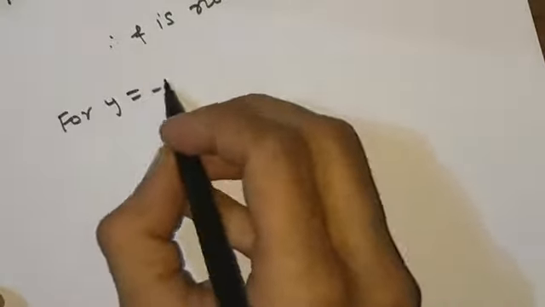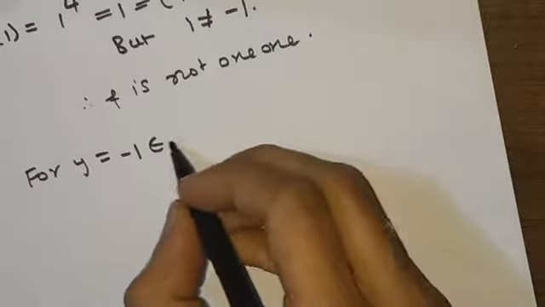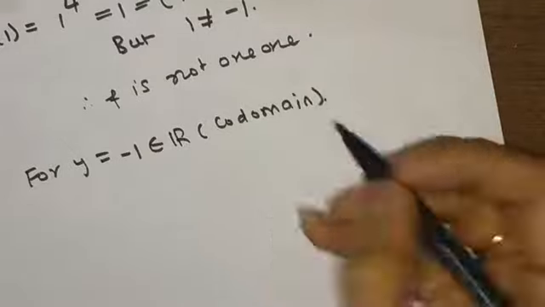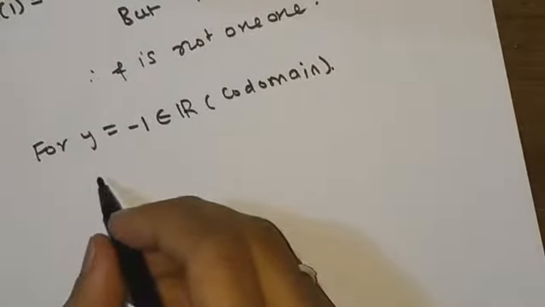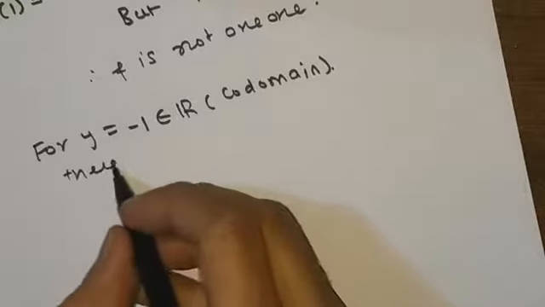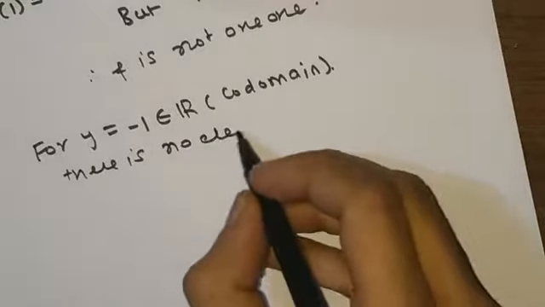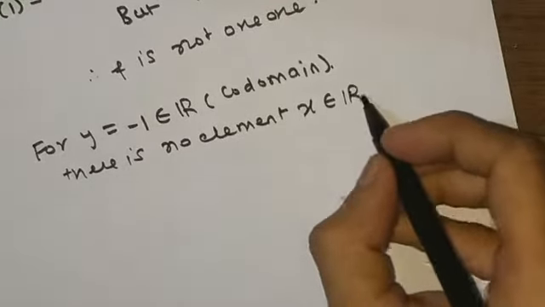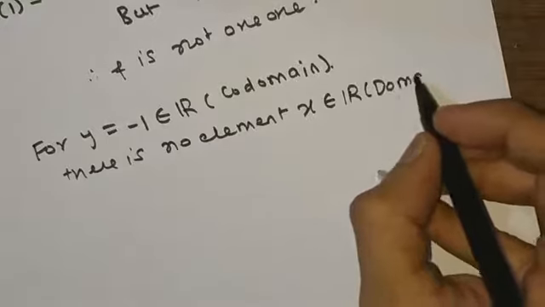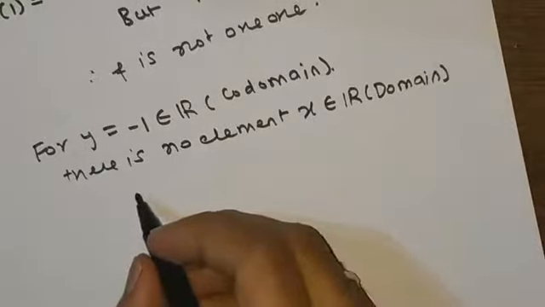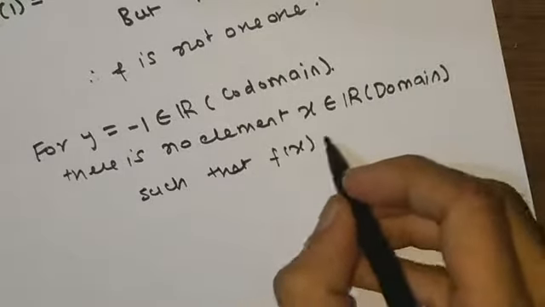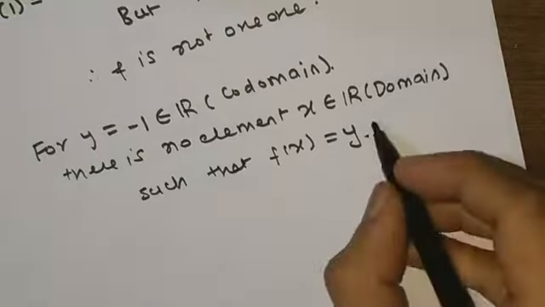For y = -1 belonging to the set R, which is nothing but the codomain of the function f, there is no element x which belongs to the set R, which is nothing but the domain, such that f(x) = y, that is equal to -1. Why is it?